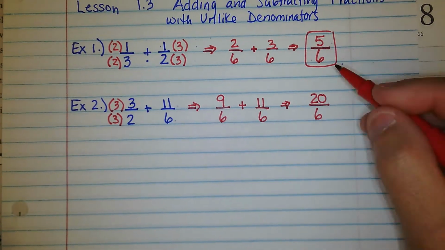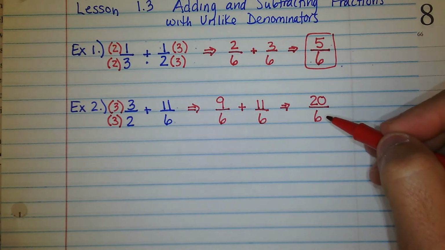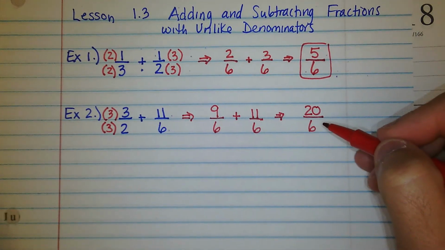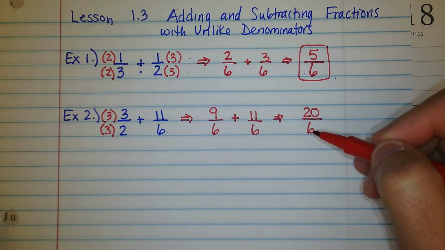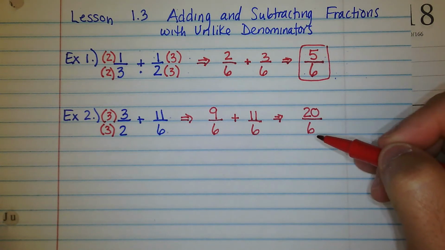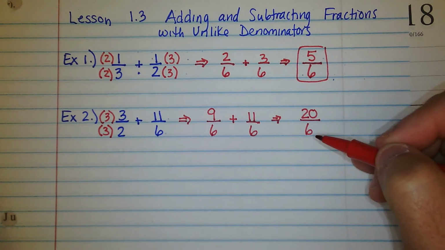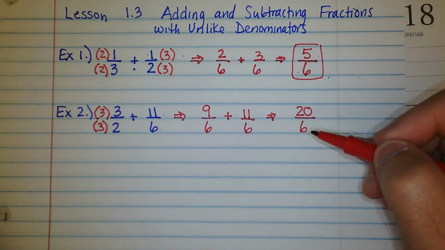Now, the last thing that we need to make sure of in our fractions is that they're in lowest terms, in simplest form. This one has a common factor in it, meaning that I can divide the top and the bottom by the same number to reduce it. What number goes into 20 and also into 6?